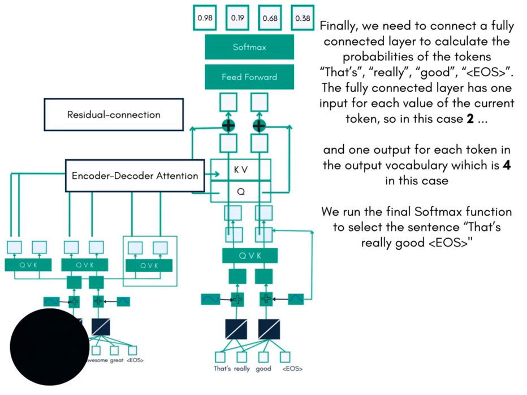The fully connected layer has one input for each value of the two current tokens, so in this case 2, and one output for each token in the output vocabulary, which is 4 in this case. So it's going to give me an output value based on the result here, because this is at the point of training, how you train this model. So we are giving it the decoder value, and it has to give me the right softmax probabilities. We run the final softmax function to select the sentence that's really good, end of sentence.